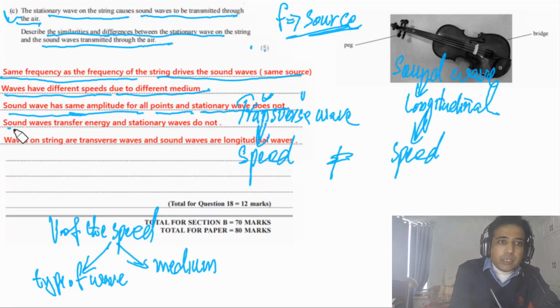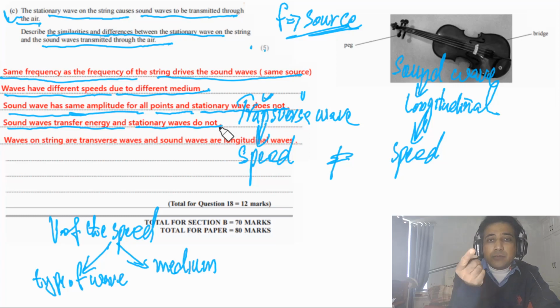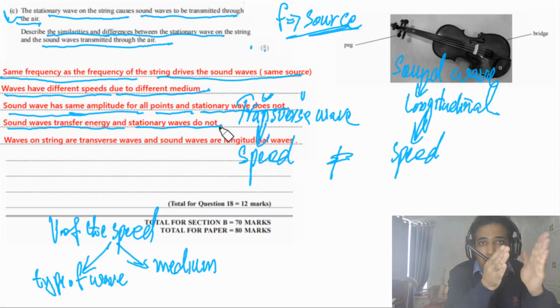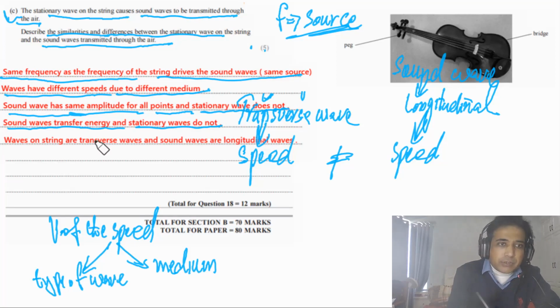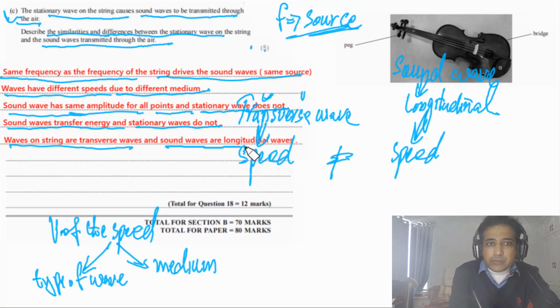Sound waves transfer energy; stationary waves do not. That's the reason we call it a stationary wave, because it does not move forward and backward. We see it oscillating up and down like this, so it does not transfer energy. Waves on a string are transverse waves and sound waves are longitudinal waves. These are the points you have to write down in your answer.